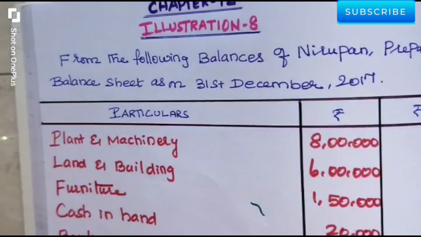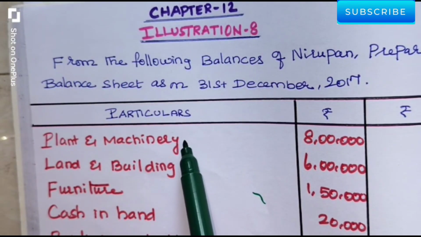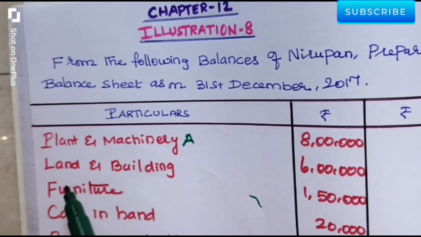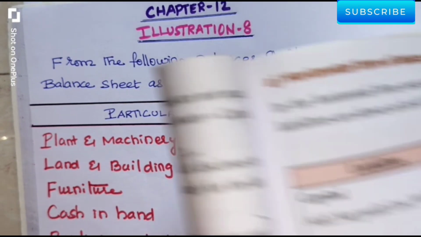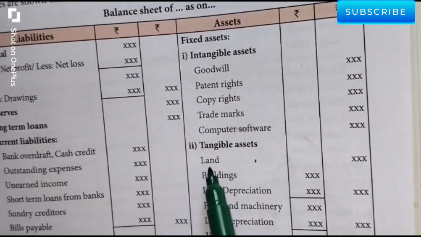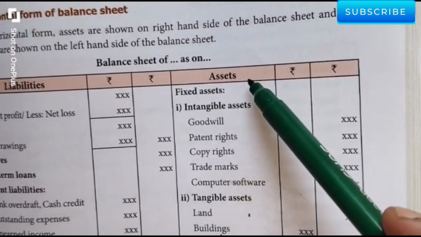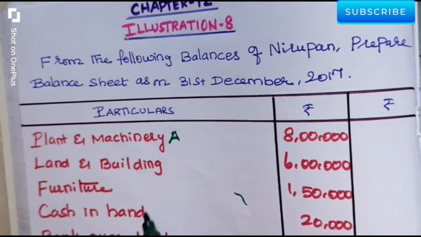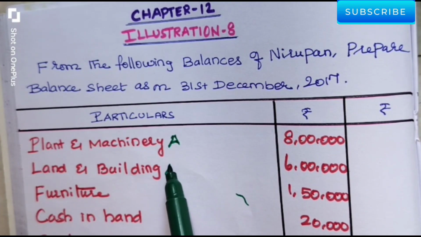So we have to enter the letter A. A means asset. Then land and building. As per the format of the balance sheet, land and building comes under the heading of asset. It's an intangible asset.